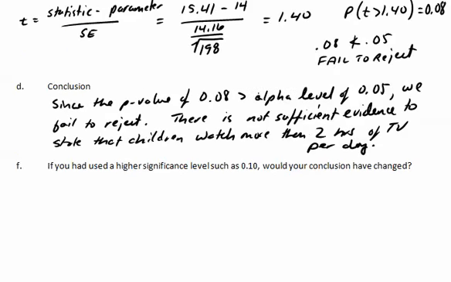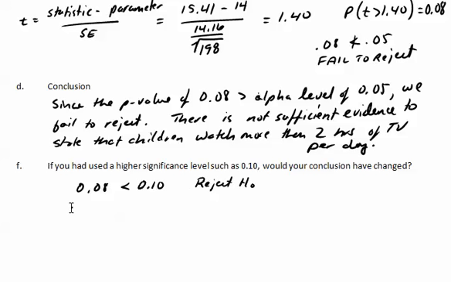Now, this is children's TV watching. Do we really need to be at the 0.05 alpha level? If we chose to have a higher significance level, 0.1, then the 0.08 is less than the 0.1, so then we would reject the null.